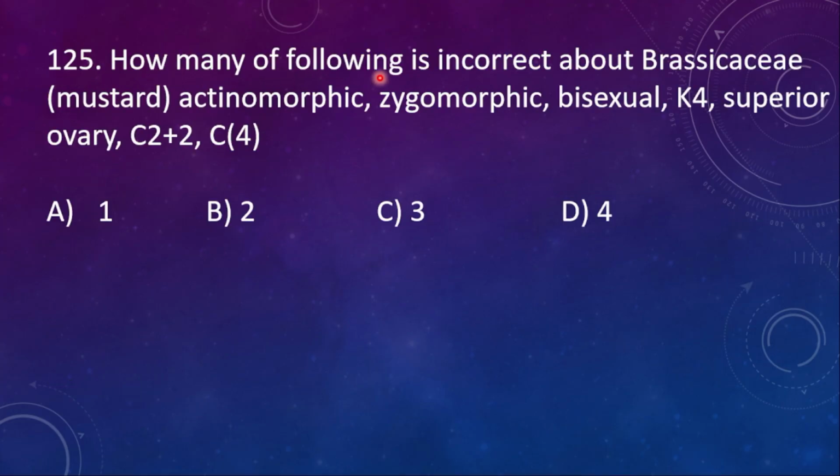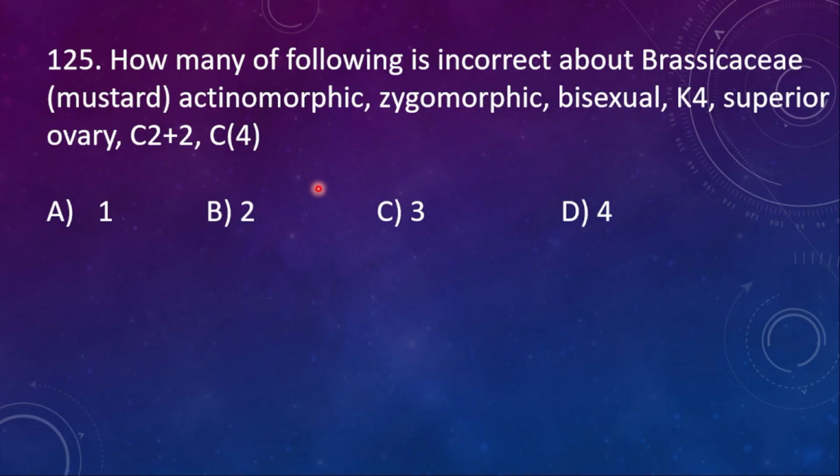125. How many of the following are incorrect about Brassicaceae? That is mustard. It is actinomorphic, correct. Zygomorphic, wrong. Bisexual, correct. K2, superior ovary, C 2 plus 2, C 4 and then fused is also wrong.